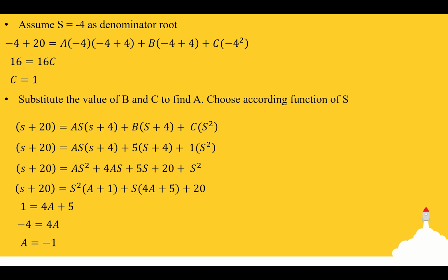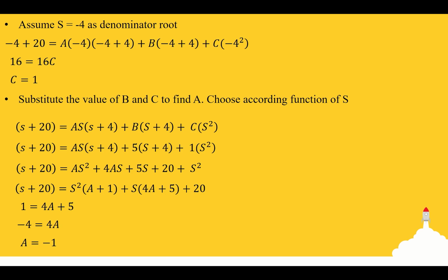For this one, we assume S equals negative 4 as the denominator root, and therefore we will get C equals 1. Then we substitute the values of B and C to find A.